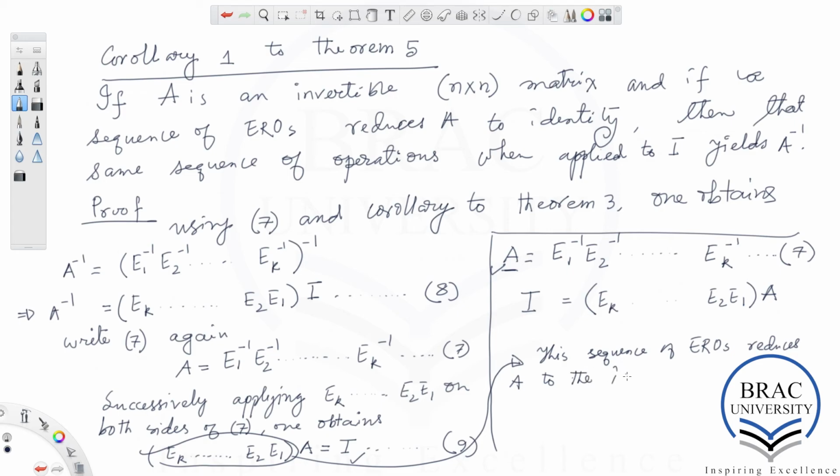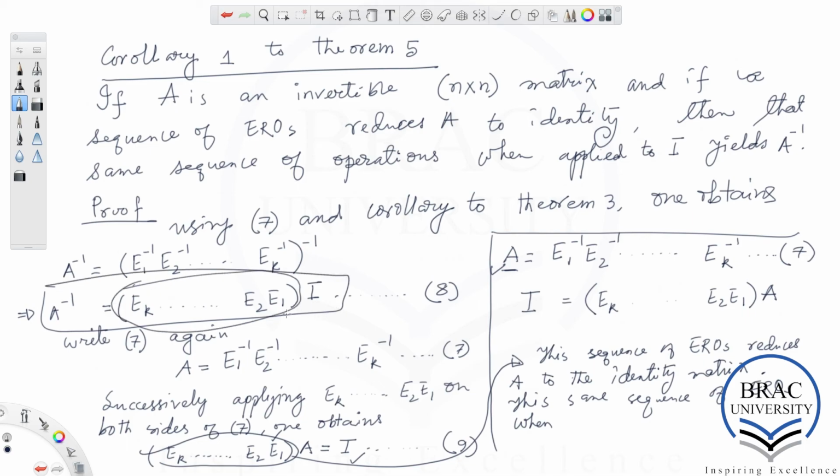This same sequence of EROs, when applied to the identity matrix I, yields A inverse, as is evident from equation number 8. Okay?